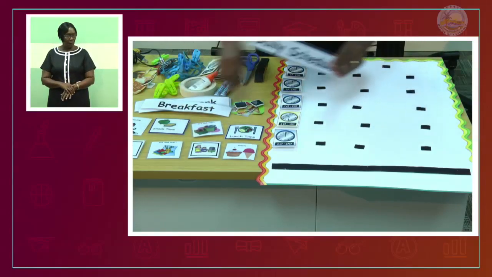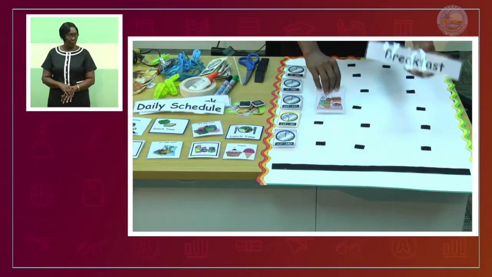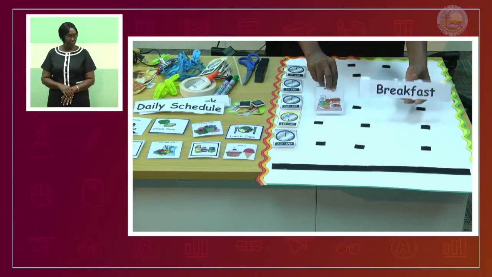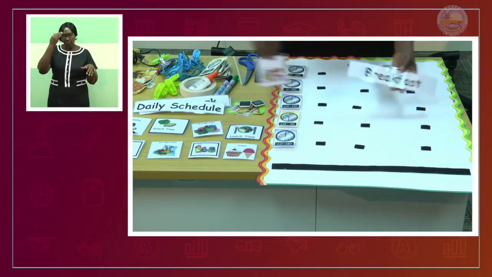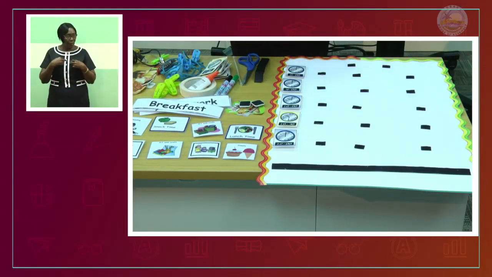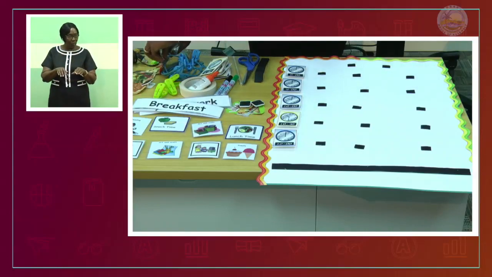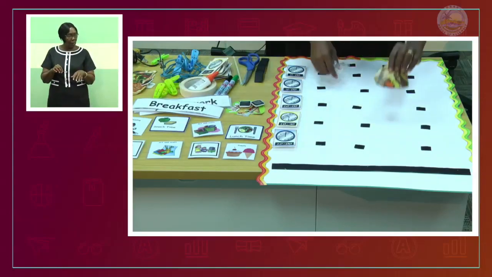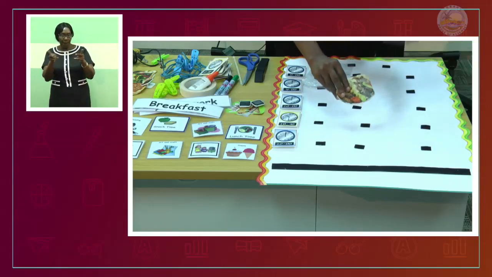So if we have breakfast, you would have the word breakfast. So the child would associate the word breakfast with the picture breakfast. Now you may not have a laminator and you may not have a printer. What you can do, you can source pictures from old magazines or even from places like Subway, KFC.